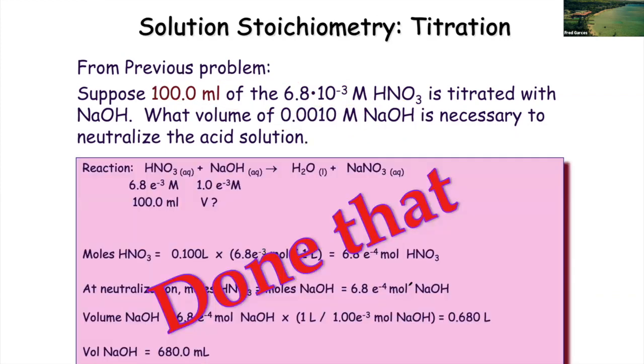And actually, this was the same problem that we did in chapter 13. This was the exact same problem. Comes out to 680 milliliters. But now you know the context of that solution chemistry problem. It's in the context of acid base.